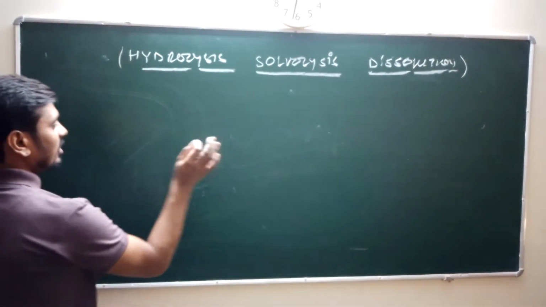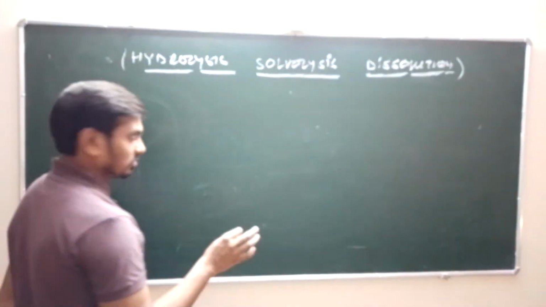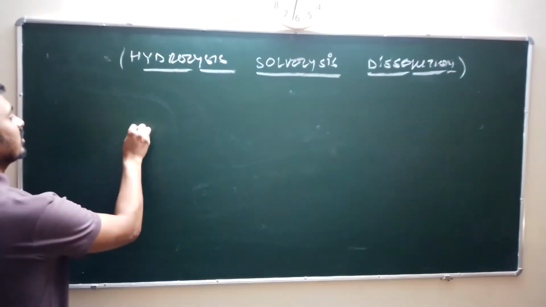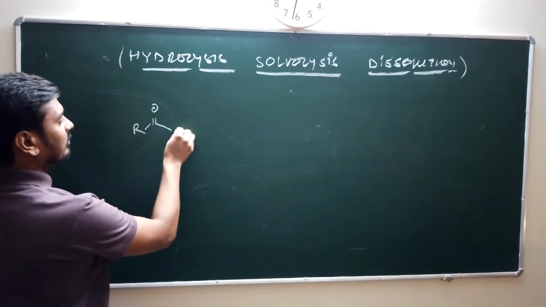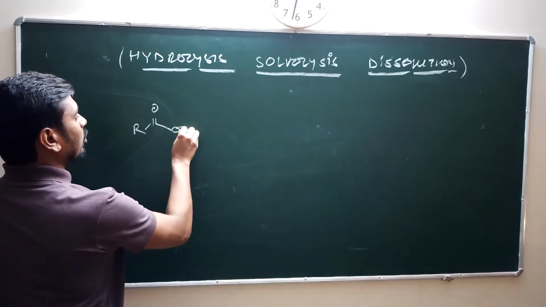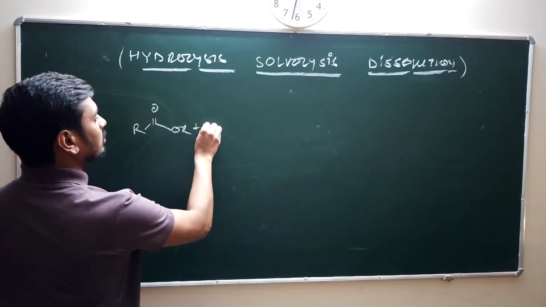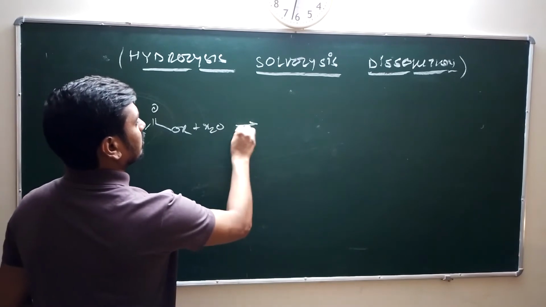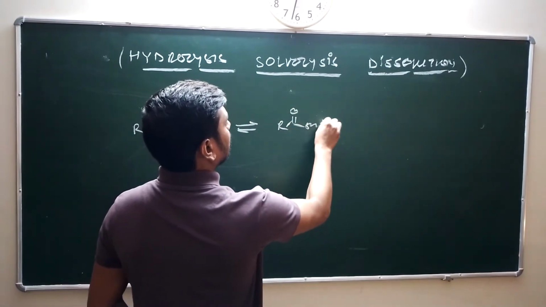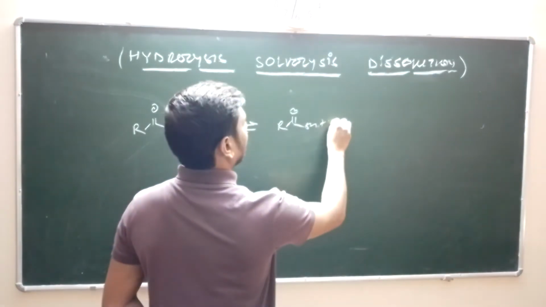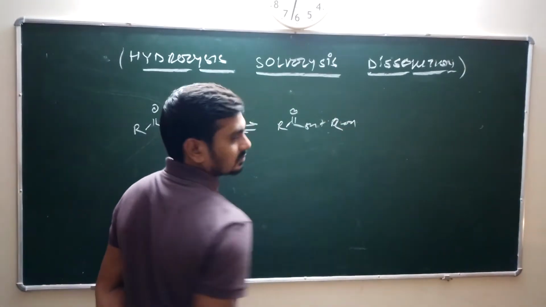Then I am picturizing two processes. First, the one I have written earlier. This is called ester and this is water. Added this, the reaction has happened like this, plus ROH, alcohol.